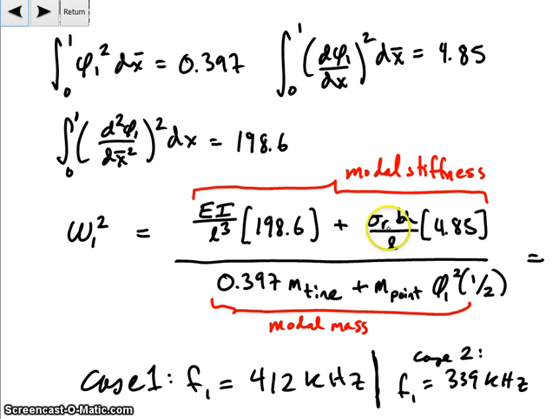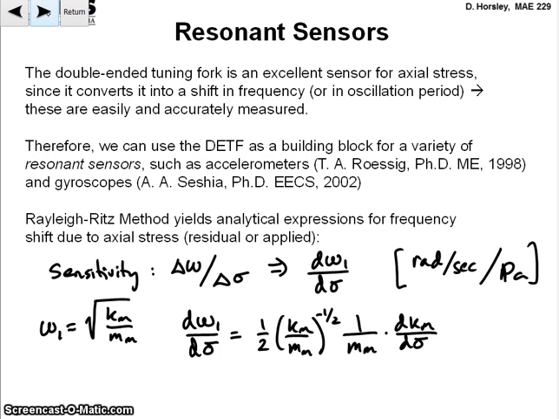It turns out that dk d sigma is going to be bh over L times this integral. I'm not going to put in 4.85, I'm actually going to put in this expression. And this guy is 1 over omega 1.